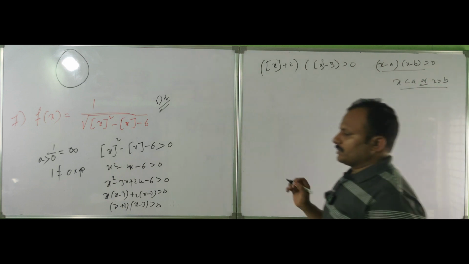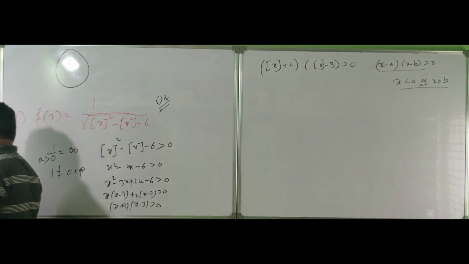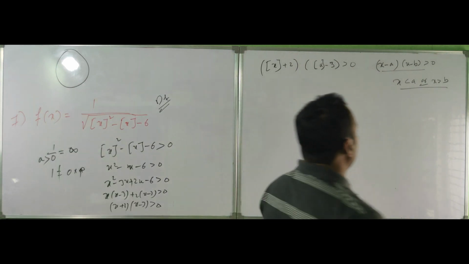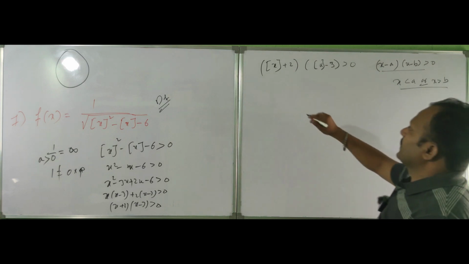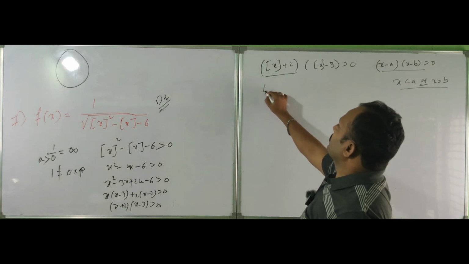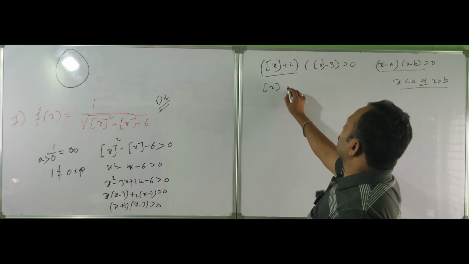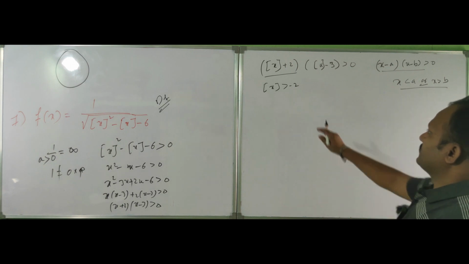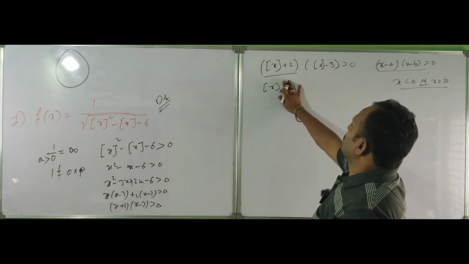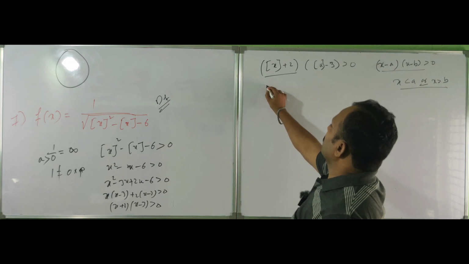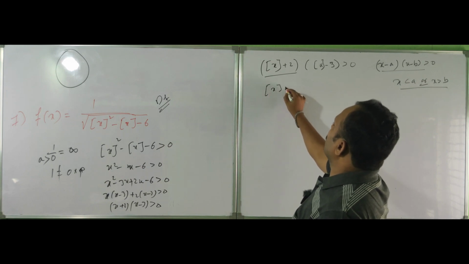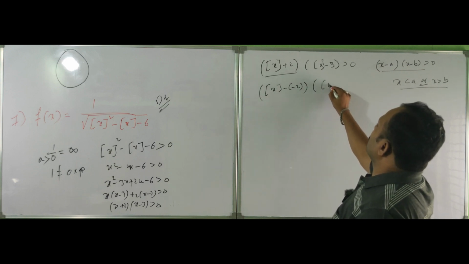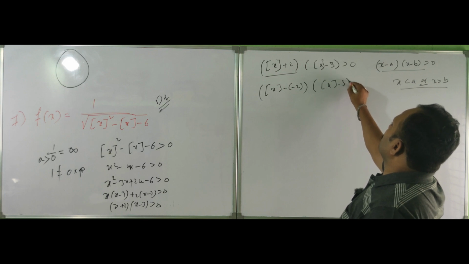The formulas are given here: x is less than a or x is greater than b. Apply this formula. Here mod of x becomes greater than minus 2, so I can write x minus of minus 2, and this becomes x minus 3 greater than 0.